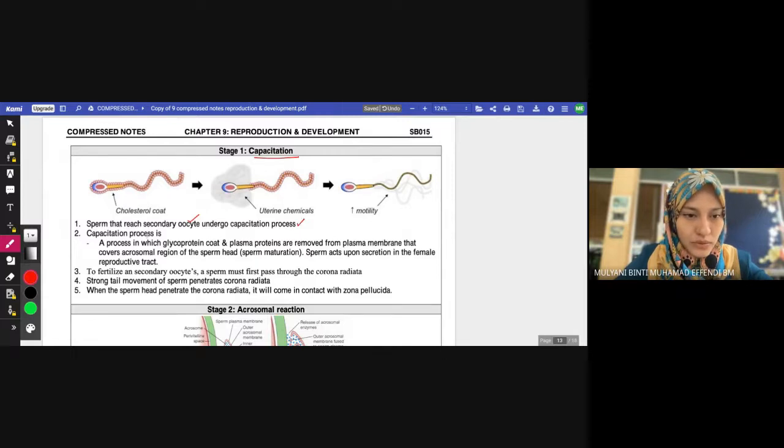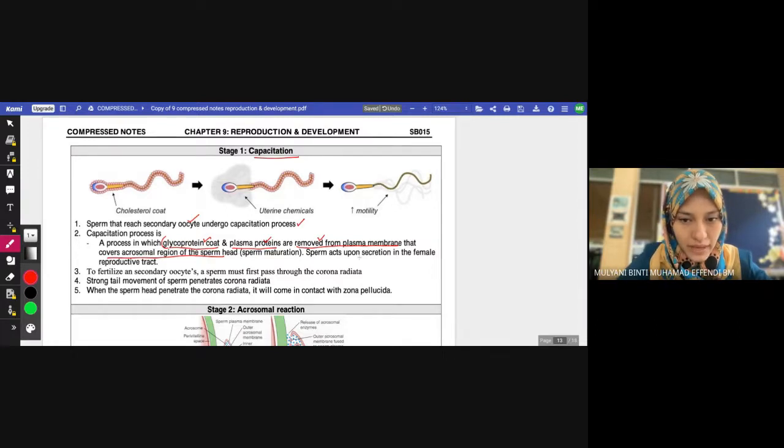Capacitation is a process in which glycoprotein coat and plasma protein are removed from the plasma membrane that covers the acrosomal region of the sperm head. When the sperm is produced, it has a glycoprotein coat and plasma protein. So when it passes through the female reproductive tract, from the vagina, cervix until the fallopian tube, along the way these glycoproteins are removed from the acrosomal region of the sperm head.